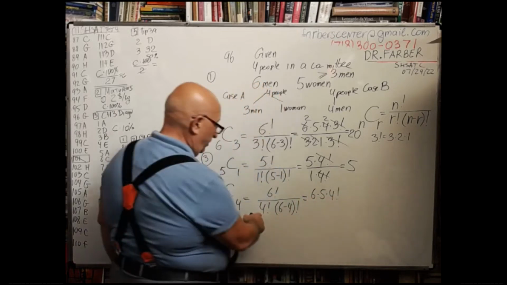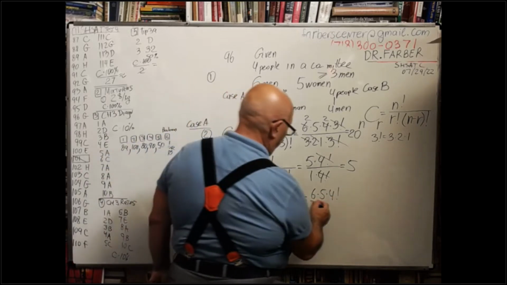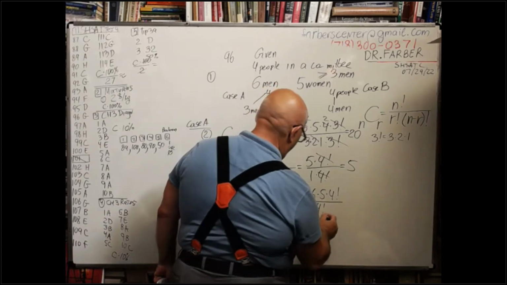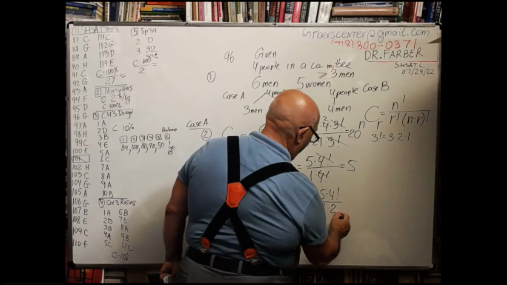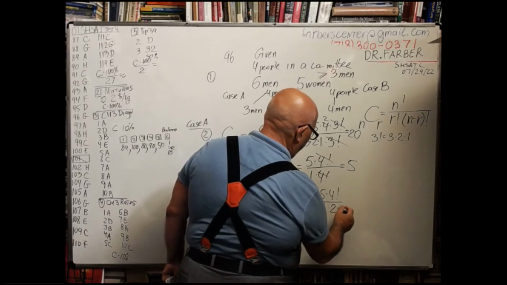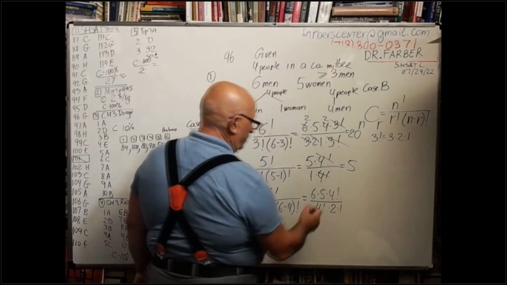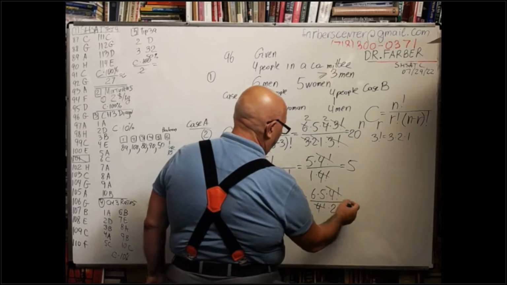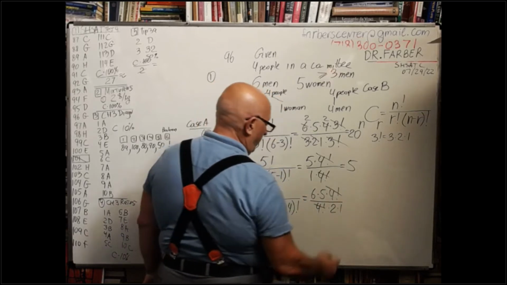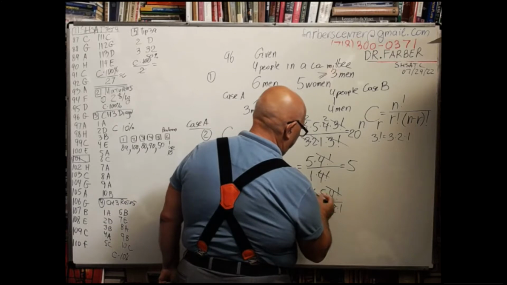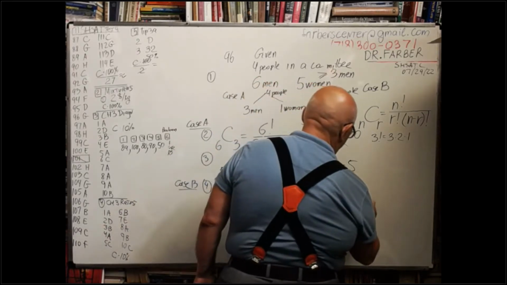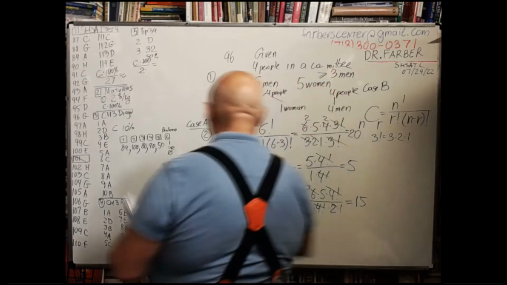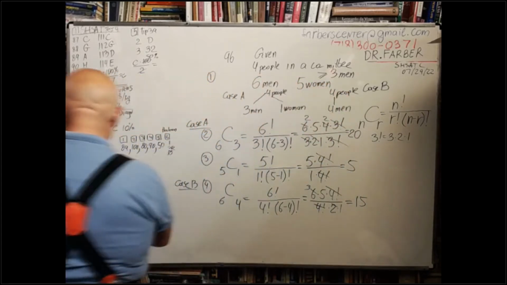Why did I do it? Because we have here 4 factorial. And this will be 2 factorial. 2 factorial is 2 times 1. So 4 factorial and 4 factorial cancel out. And 2 goes into 6 3 times. And you get 15. Let's analyze what we have. We have this 15.